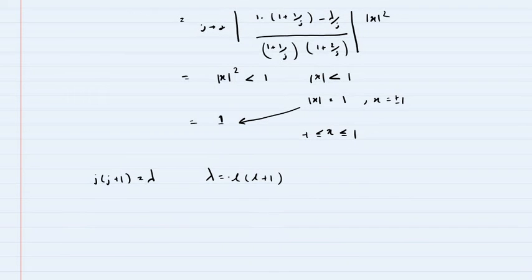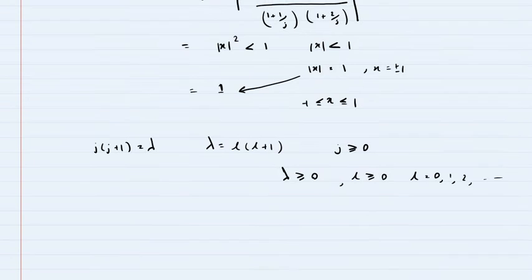Now, this is a significant result because j is always greater than or equal to 0 and j is only an integer, which means lambda is always greater than or equal to 0, and also L is greater than or equal to 0, and L can take only integer values 0, 1, 2, likewise.